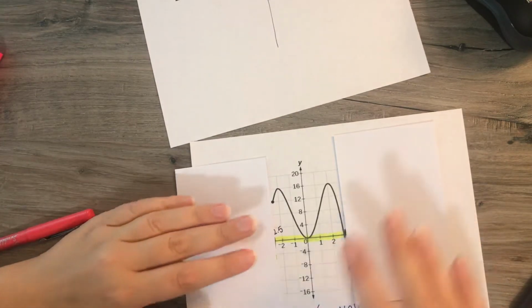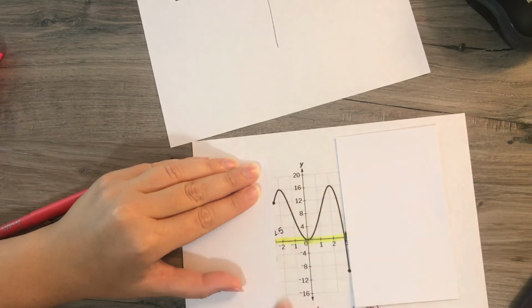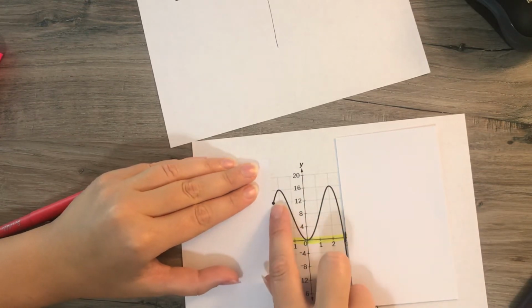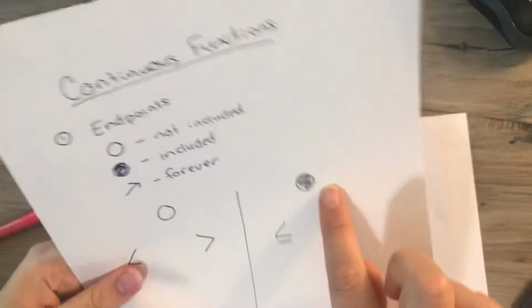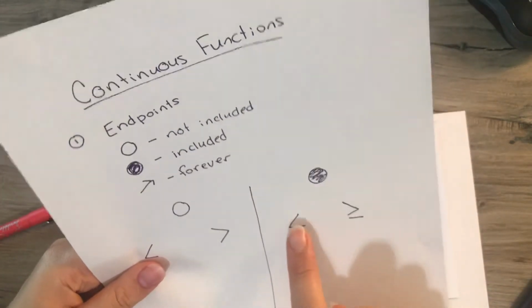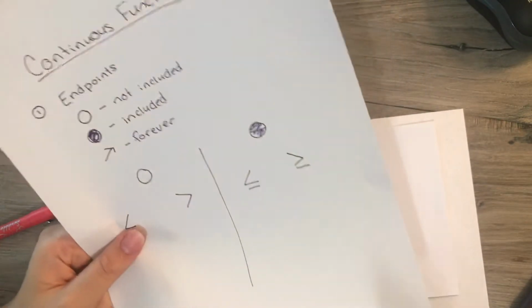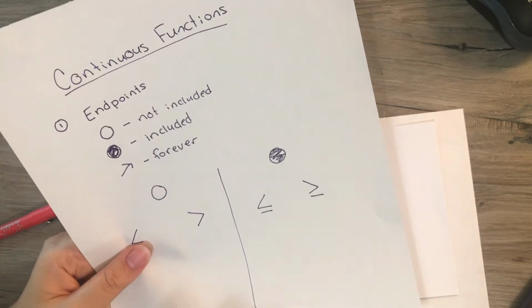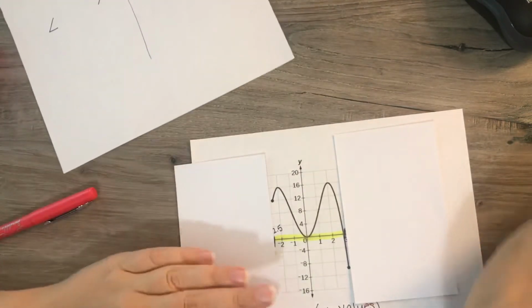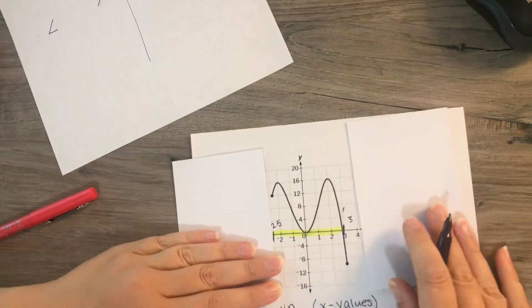My point furthest to the left, the first point on this graph, has a closed-in circle. So we're going to use a less than or equal to. Since it's the smallest point, it has to be smaller than everything. It can't be greater than. So I'm going to put right here, less than or equal to.